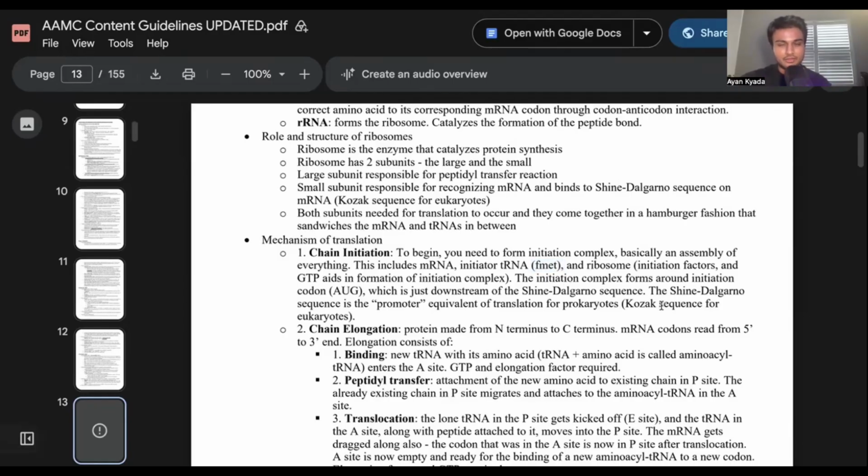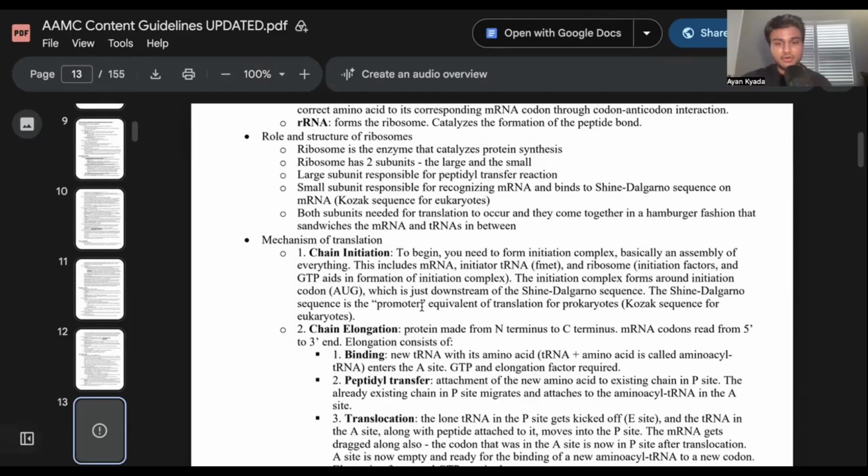And I also have a little bit of a beef with the last sentence here, which compares the Shine-Dalgarno sequence to the promoter. So it's essentially saying that what the promoter is to transcription, the Shine-Dalgarno sequence for prokaryotes is to translation. And although that's a handy heuristic to think about it, it's not necessarily an equivalent analogy. That's because the promoter has a lot of regulation control. The promoter can not only start the process of transcription, but it can upregulate it or downregulate it.